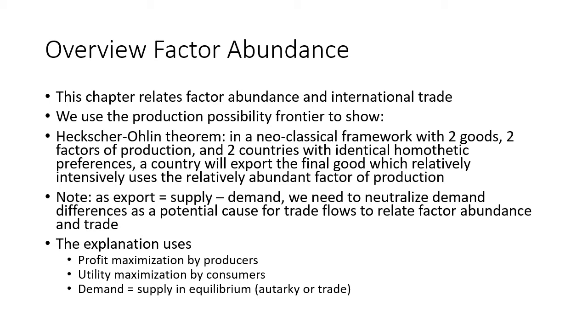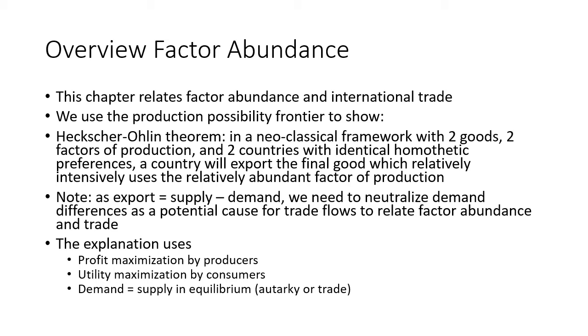So we need to find and explain how to neutralize demand differences as a potential cause for trade flows, to relate factor abundance and trade. That's an important thing we're going to do. We're going to look at factor abundance and trade flows and at this issue of the exports, or the excess demand in a sense from the outside world, not from the local world.